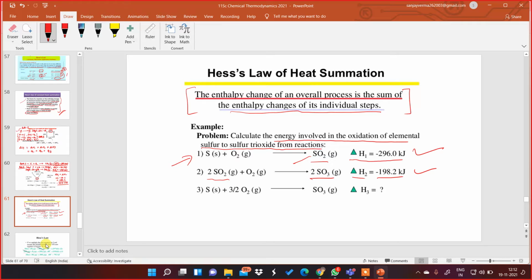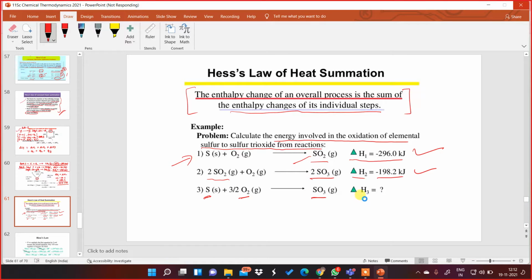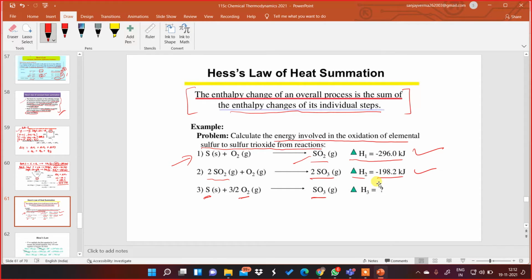Now in the third equation, the elemental sulfur combines directly with oxygen to give sulfur trioxide. They are telling us to find the enthalpy change involved in the direct combination of sulfur to sulfur trioxide. So to get delta H3, we have to simply add delta H1 and H2. Have a look at the next slide.